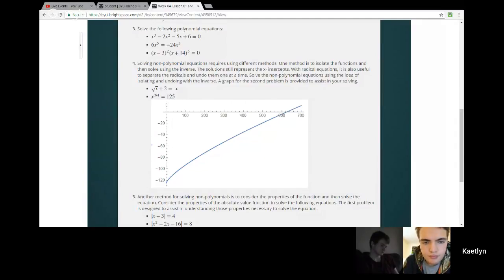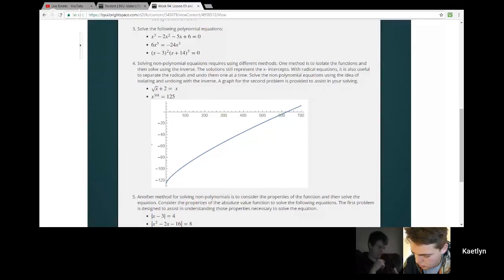And then you're going to have to square it all, to get rid of that square root. So you're just going to have x equals x squared minus 4x plus 4. Oh, that gets really nasty.